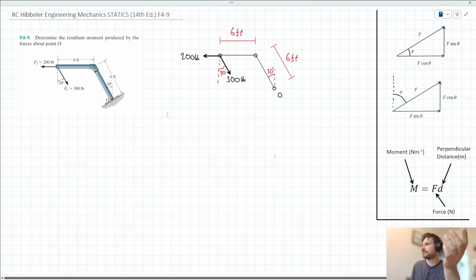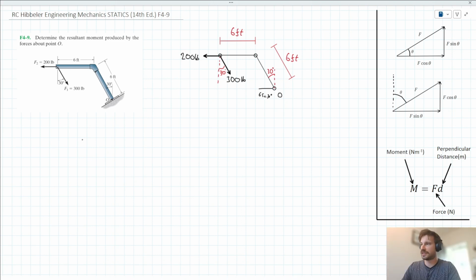So let's go ahead and get started. Let's start taking moments. We can say the sum of moments acting anti-clockwise, just because looking at the diagram, it looks like we're going to have a net anti-clockwise moment. So the sum of moments acting about point O, anti-clockwise, is equal to, well, let's start by considering anti-clockwise moments.